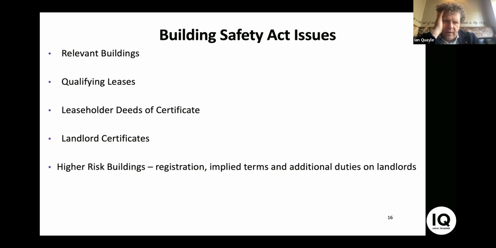The important point here is that, having explored most of the case law relevant to fire safety that has occurred over recent years, the courts have been quite prepared to say the work that needs to be done to comply with fire safety measures post-Grenfell has been work that landlords are entitled to charge for within the lease, either under repairing obligations or compliance with statute or compliance with notices. It seems to get the landlord home to say, this is work that I need to do in accordance with the lease, and therefore I can transmit it into service charge.